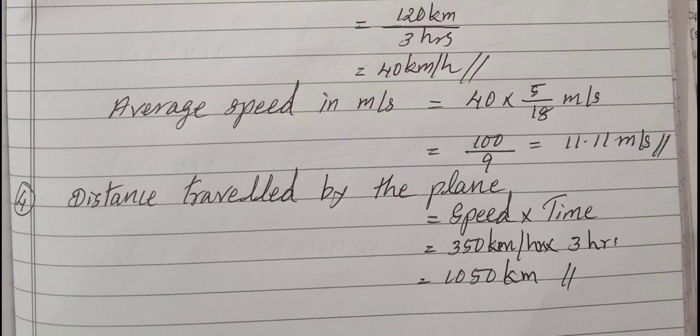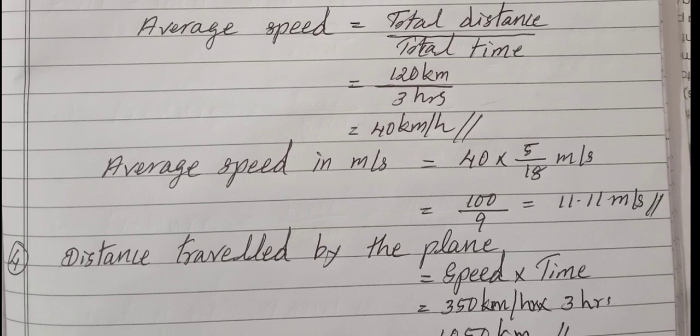Now to convert kilometer per hour into meter per second, we have to multiply 40 by 5 by 18. After multiplying and cutting, we get 100 upon 9.